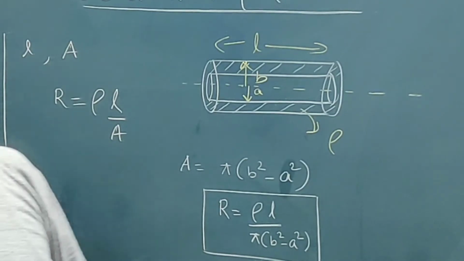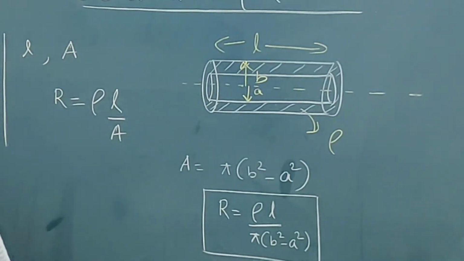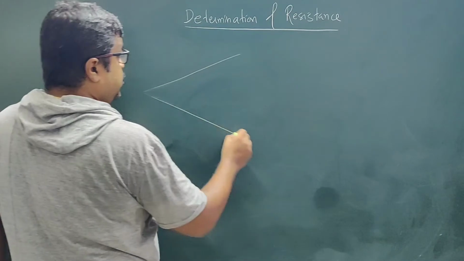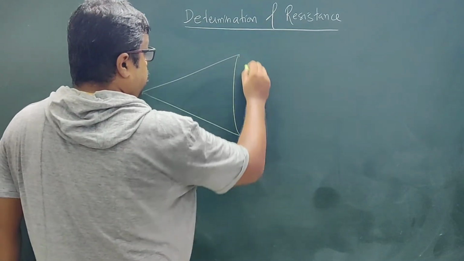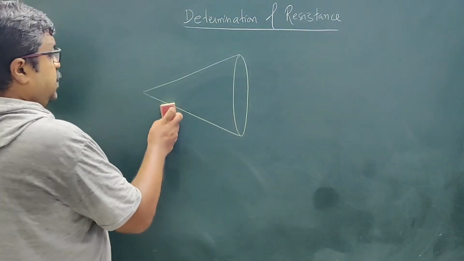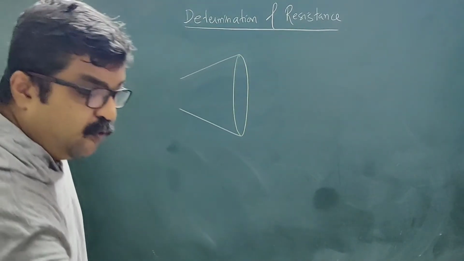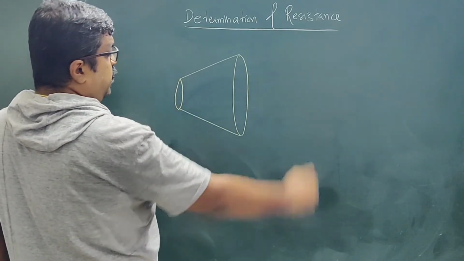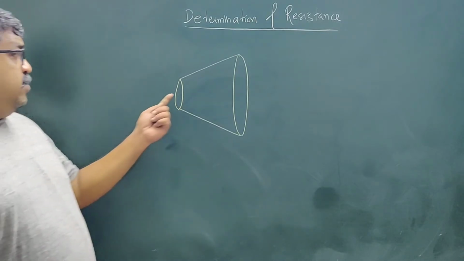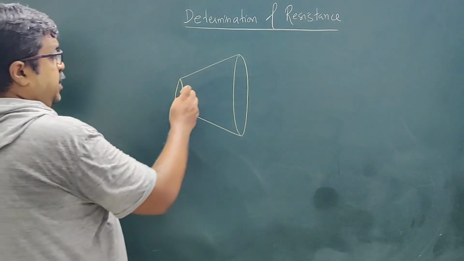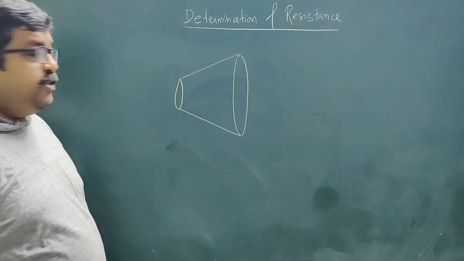Next we will see how to calculate the resistance of a truncated cone. This is how a cone looks. A truncated cone means this part is removed, so we have this thing. For this truncated cone we have to find the resistance, and this is entirely solid material.